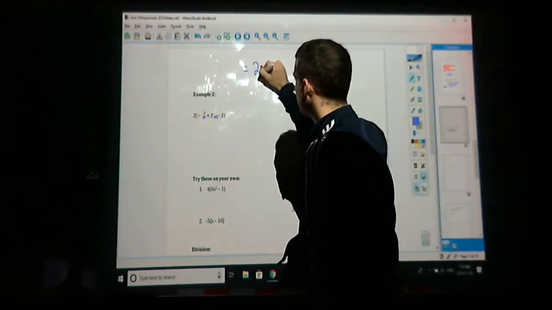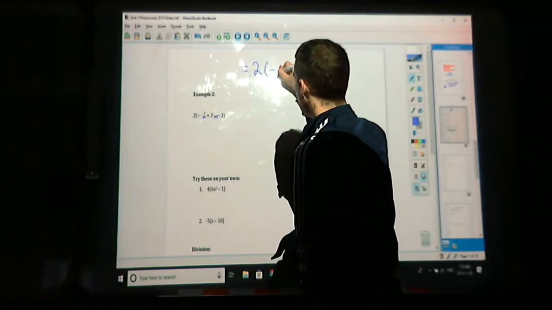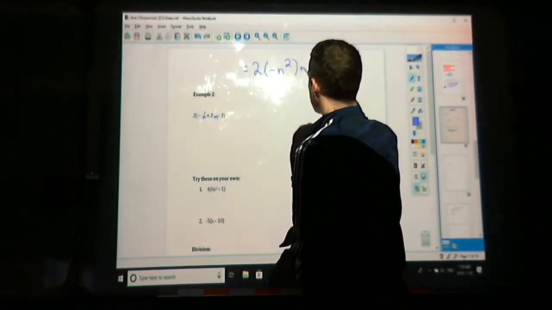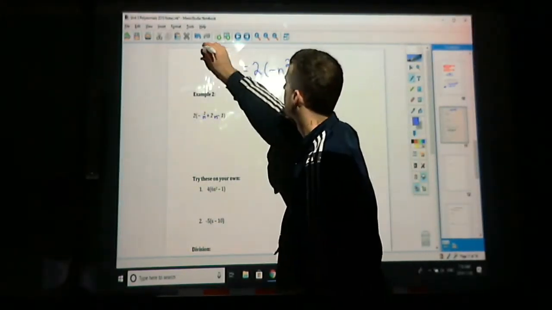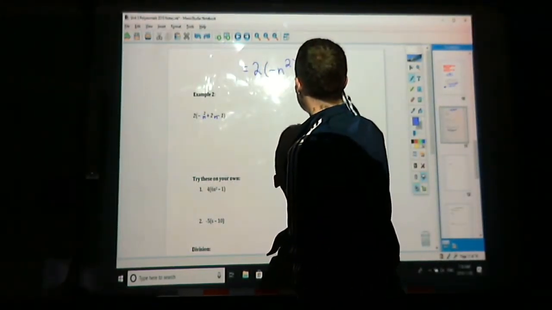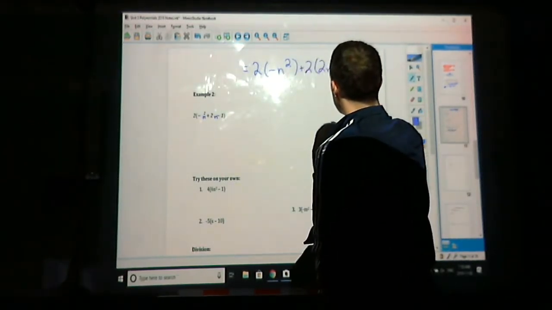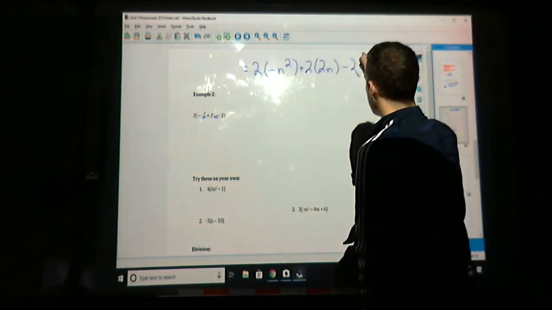So 2 times negative n squared plus 2 times 2n minus 2 times 1.